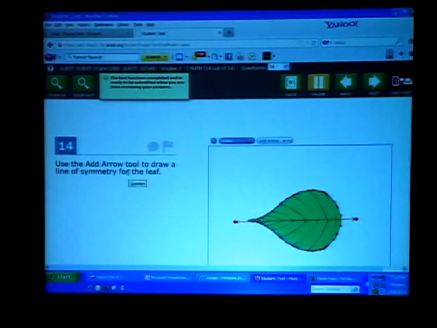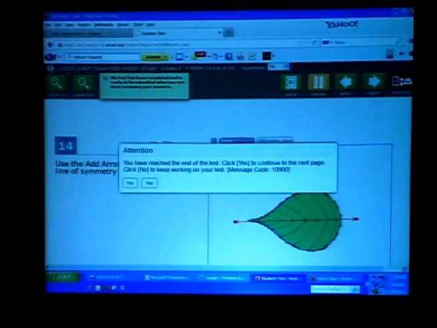And just to go back now and share quickly with you some of the items for the English language arts portion of the test.